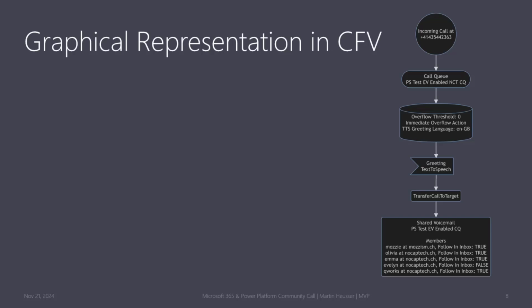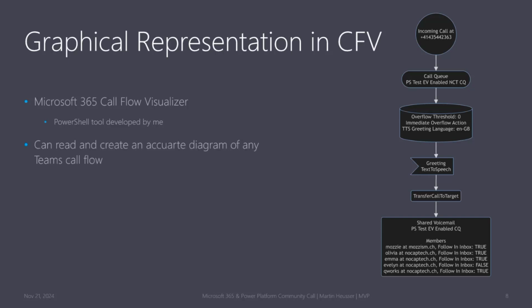If you don't like this view, or if it's too complicated, you can also use the Call Flow Visualizer, which is a tool I created, and it's freely available on GitHub. It can be used to create a diagram of any configured call flow in Teams. It has many options, like the parameter ShowSharedVoicemailGroupSubscribers. If we do that, we get a username, not just an ID.